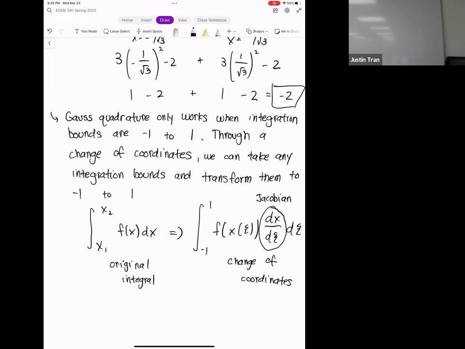So this is the frame. Let's look at your codes.